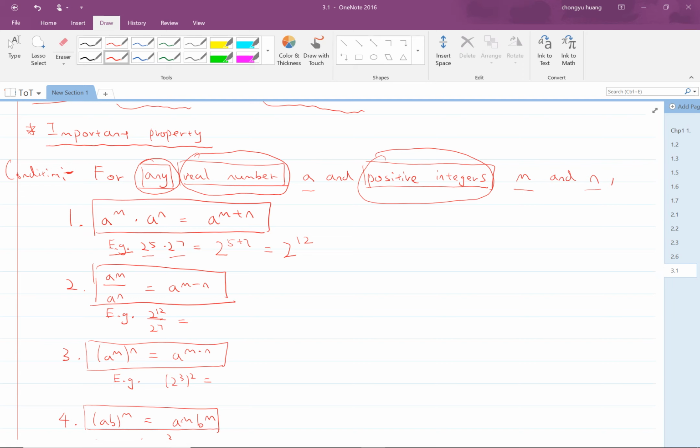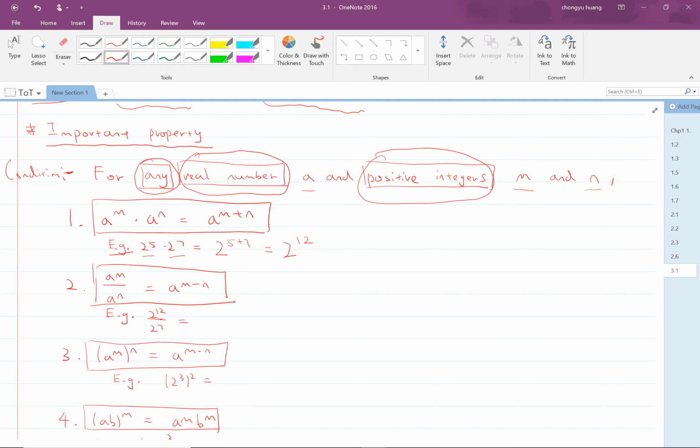We have a as 2, which is a real number, m as 12, and n as 7. 12 and 7 are both positive integers, so the condition has been met.